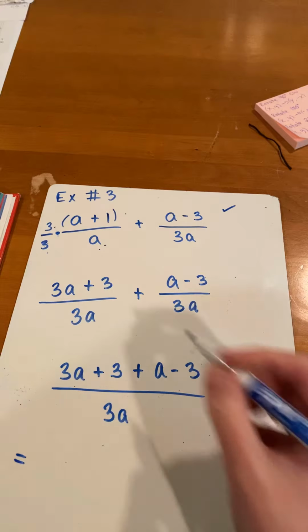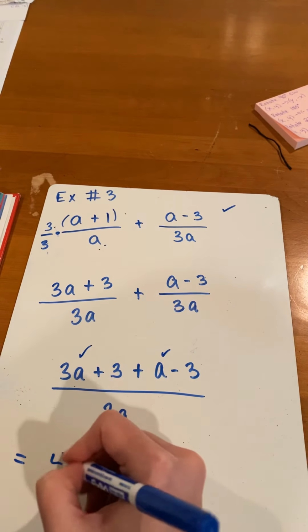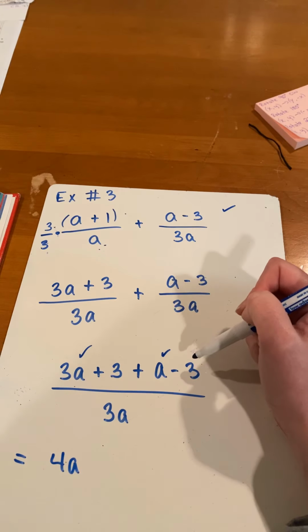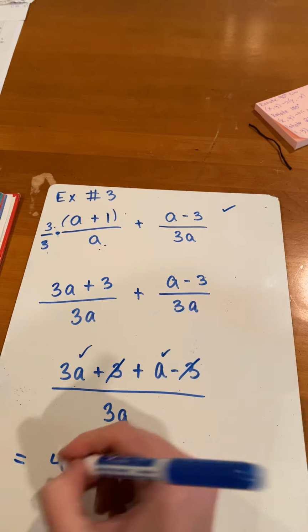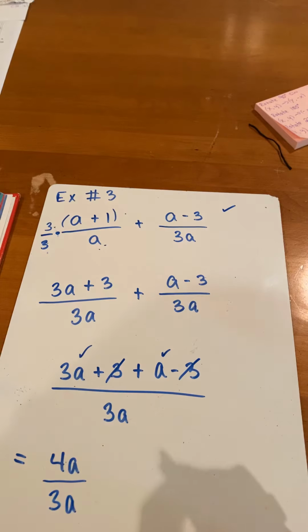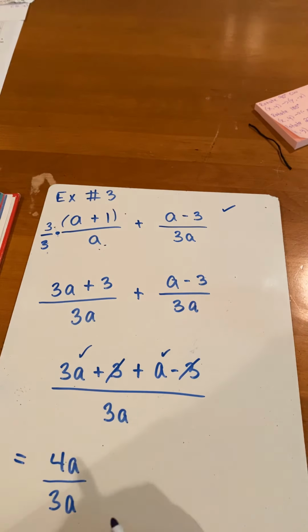Bring your like terms together. 3a plus a is 4a. Now I have 3 plus a negative 3, which is just going to cancel out. 3 plus negative 3 is 0. And so I'm done there. Rewrite my denominator. And my simplest problem so far is 4a over 3a.